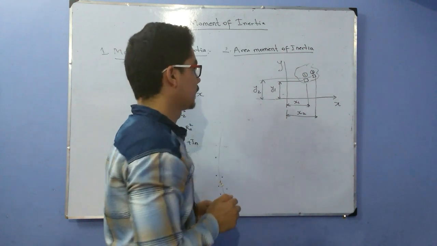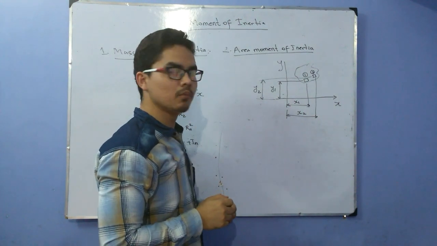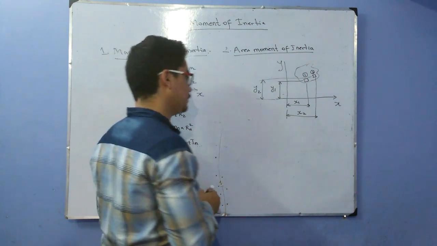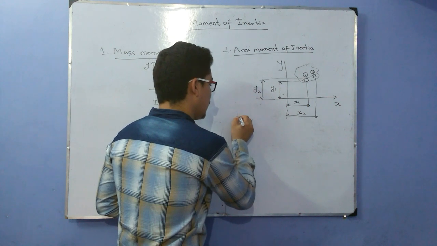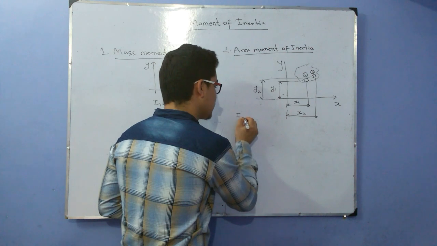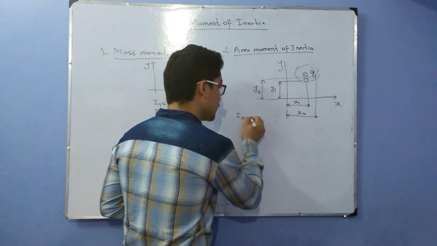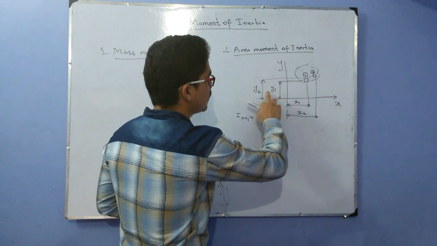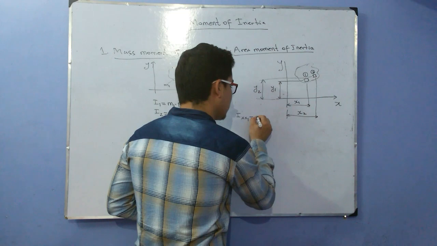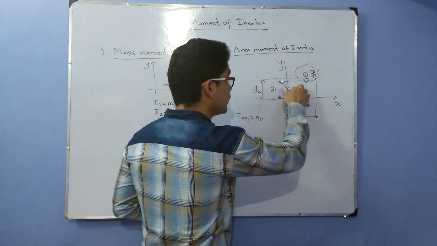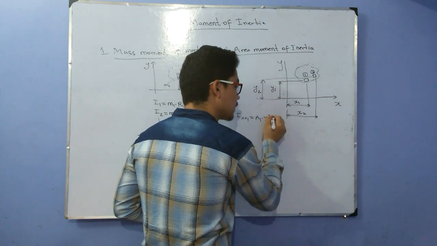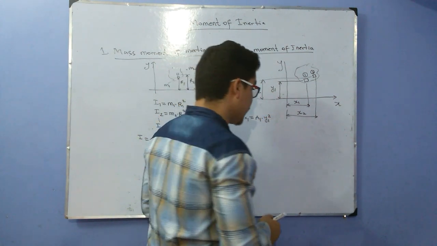Now, if I find the area moment of inertia with respect to the x-axis, I can write this as Ix1, which is equal to the area of the object 1, A1, into the perpendicular distance from the x-axis, that is y1, and that should be squared. That's why it's called the second moment of area.